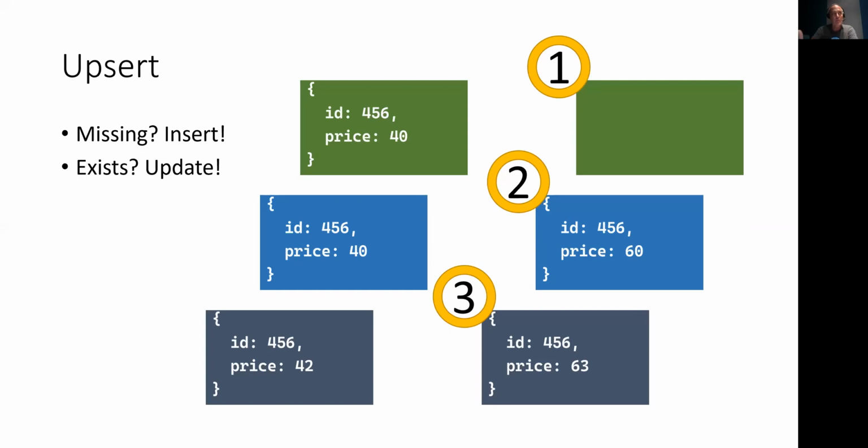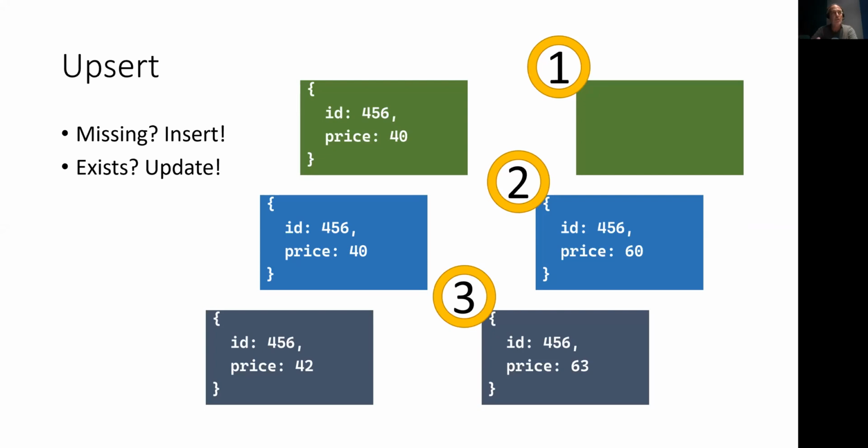Most of the ETL processes I've seen exercise some manner of this. It's an upsert. If the record from the source does not exist in the destination, you insert, you create it anew. And if it exists in the destination, you slam the field values with the new field values that you just transformed into. So that is very common.